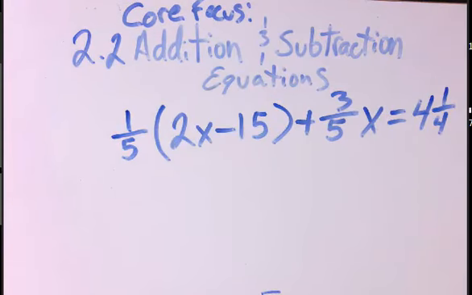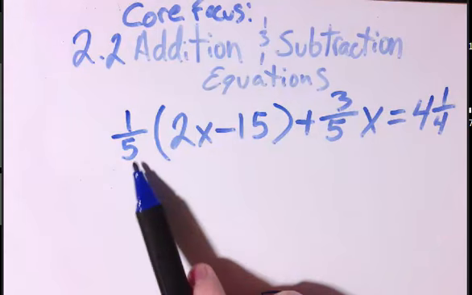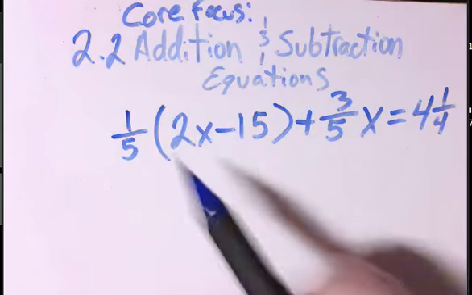Okay, so for our next example, we have 1/5, and then inside the parentheses, we have 2x minus 15, plus 3/5 x equals 4 1/4. So the first thing we can do is work this 1/5 into the parentheses.